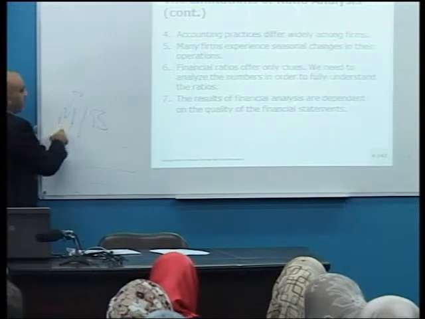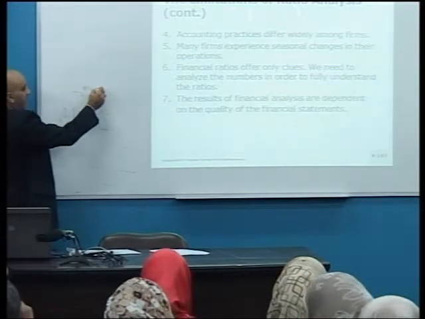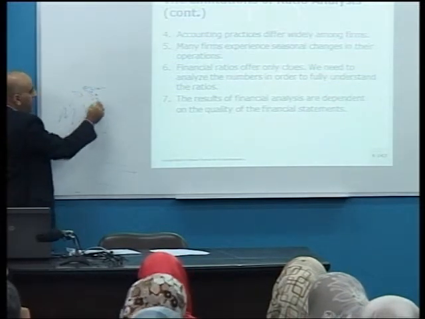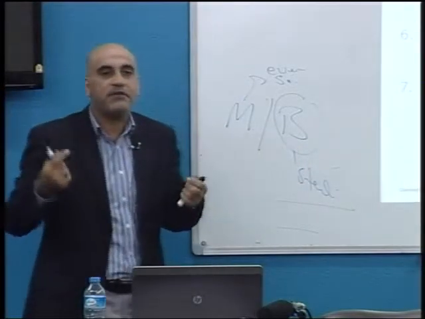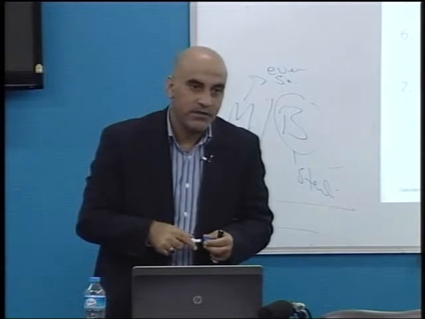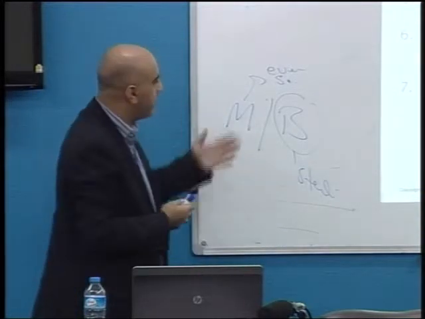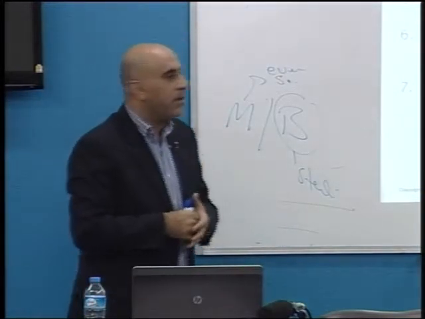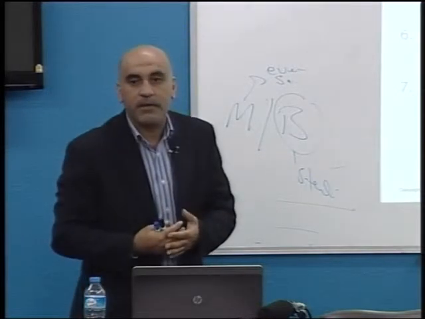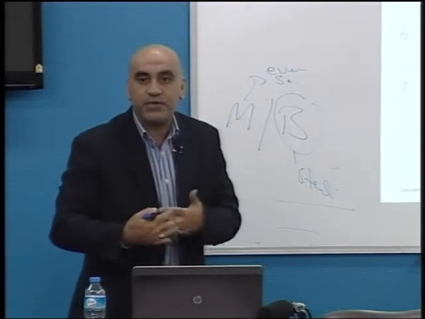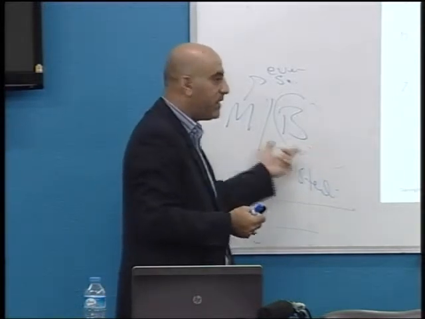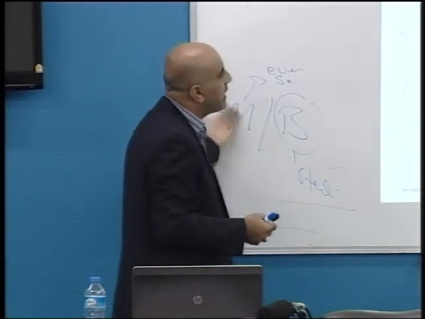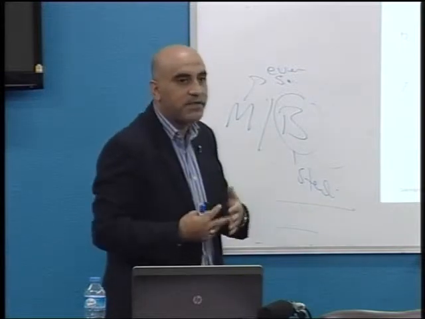The market value changes every day or every second, but the book value is static. It's just calculated every 1 year or at the end of the year. So it doesn't give you a dynamic figure reflecting the accurate situation of the business, because this is calculated every year. But this is every second or every year, but it does not reflect the dynamic situation of the business.